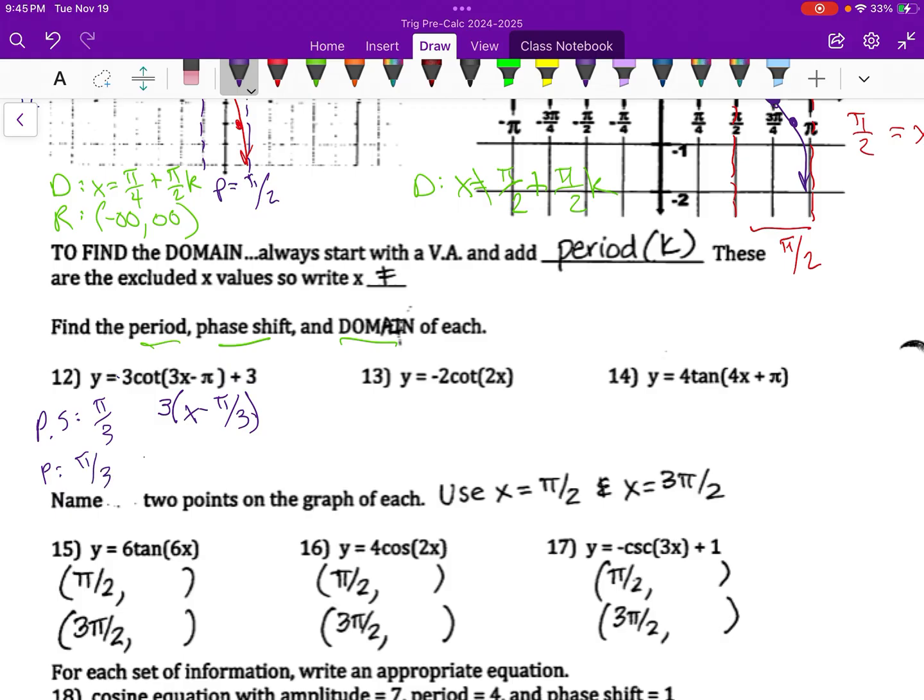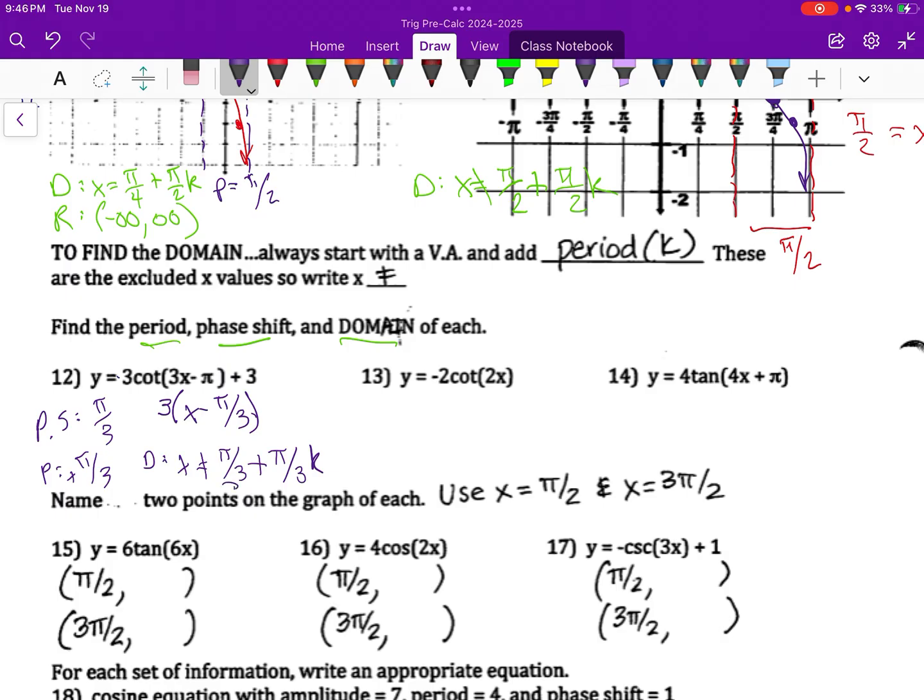And then last but not least, the domain would be the first. Now, you would have to do the fences on that, but you could think that the first deal is a positive pi over 3 and it's cotan. It's going to actually move the asymptote to pi over 3. So this is actually x cannot equal pi over 3 plus pi over 3k.